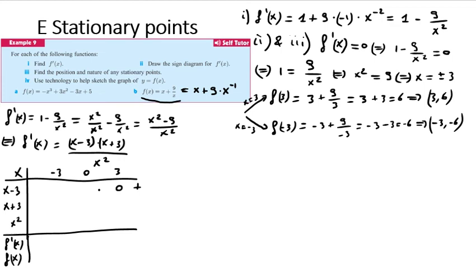And x plus 3 is 0 when x is equal to minus 3, above it's positive and below it's negative. And x squared is 0 when x is equal to 0. It doesn't matter on the left hand side or right hand side, it's always positive because you do to the power of 2.